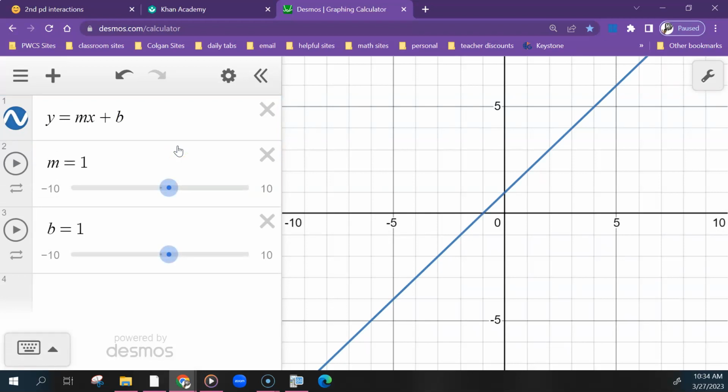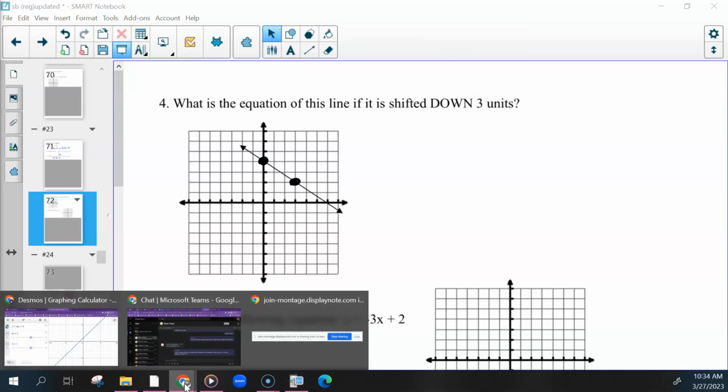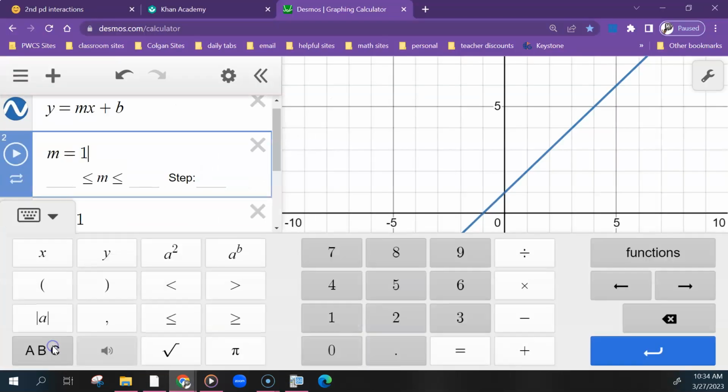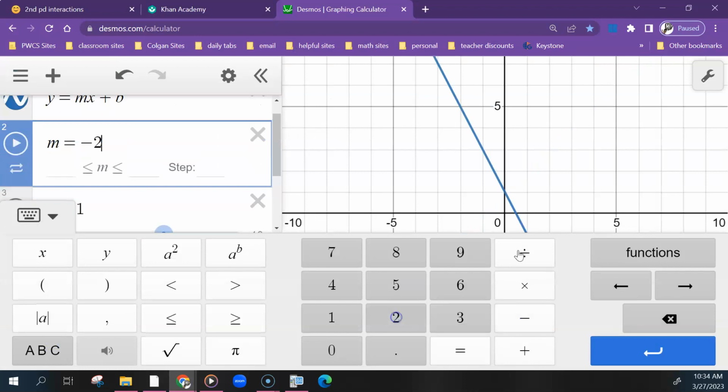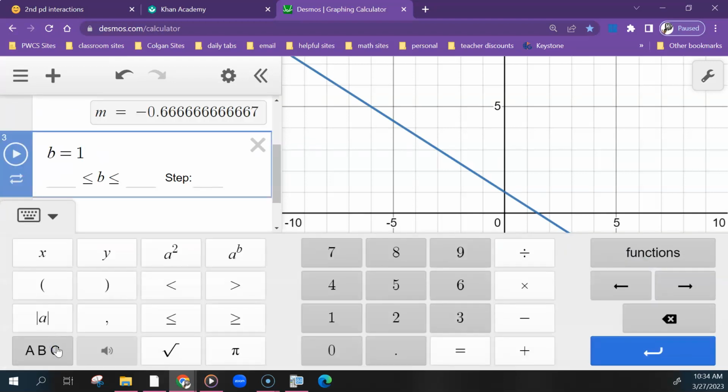Now, on this, because the line is shifted down, so this part you would need to know, the slope is not going to change, so whatever the slope is already is what it's going to be, which was negative 2/3. So I'm going to change my slope to be that.